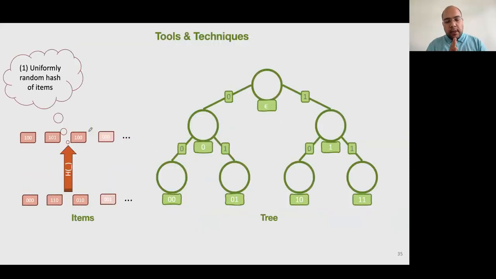So what we've done to design our algorithm is that when we are given these items, the keys, we will hash them to another set of IDs, and then we use these hashes. These hashes might be much longer. I will only use the first 3 bits for visualization here.